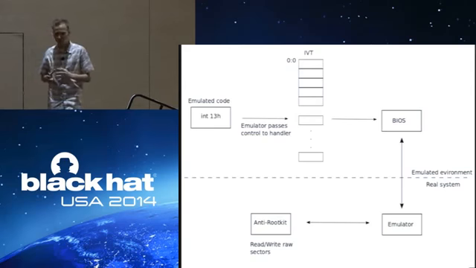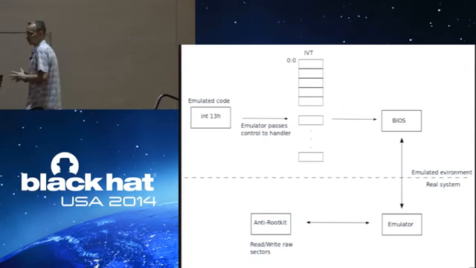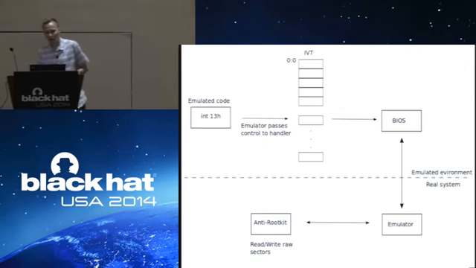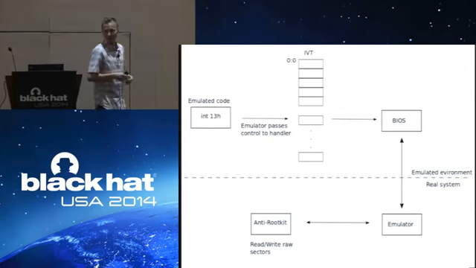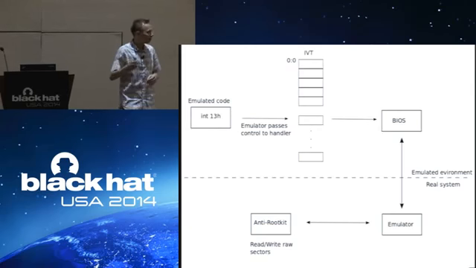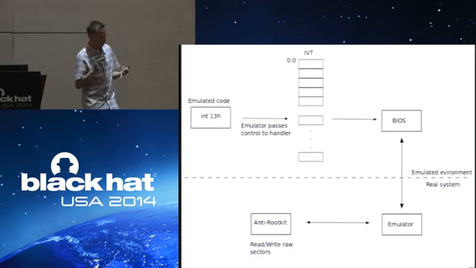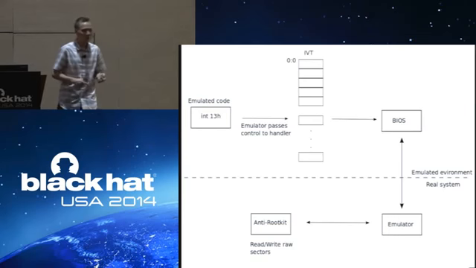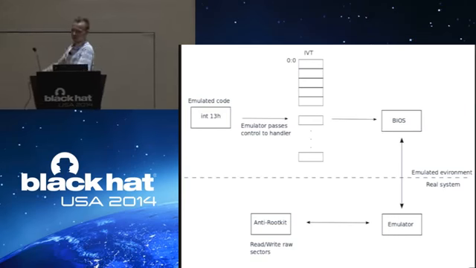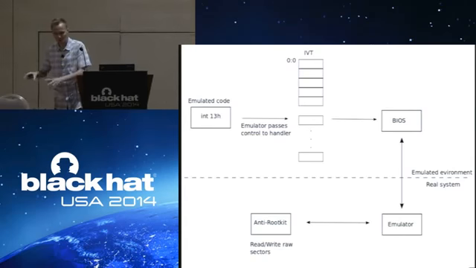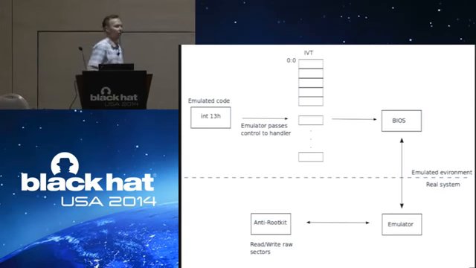And the BIOS will check which function code this is and determine whether or not it needs to break out of emulation. If it does, as is the case for interrupt 13, it will just tell the emulator, you need to read sector 1 and load it into this address. And the emulator will go and query the contents on disk from the anti-rootkit module, and then write that into emulator memory and just continue.